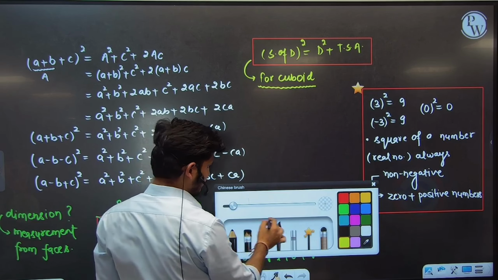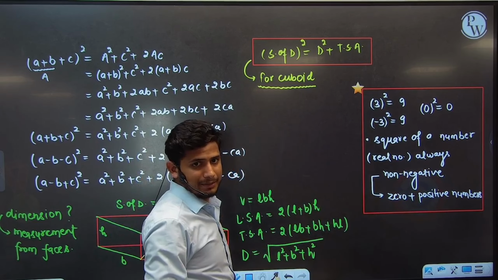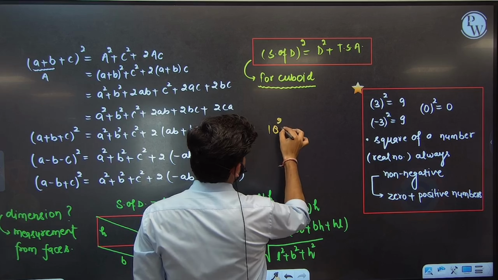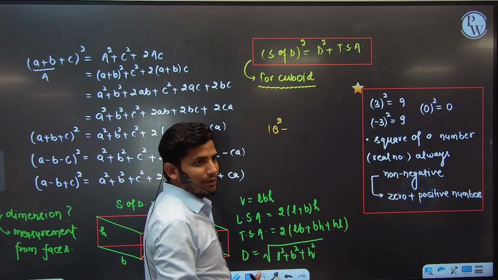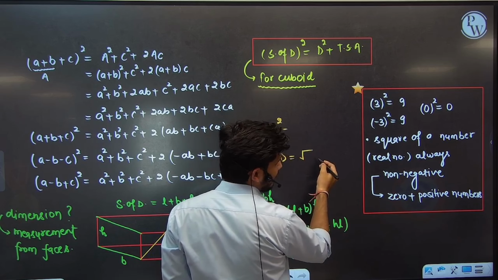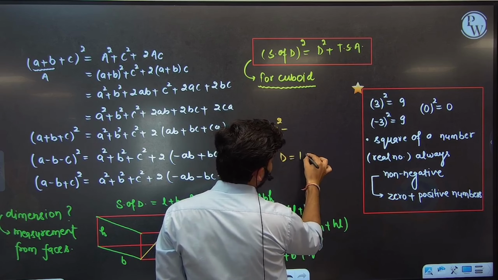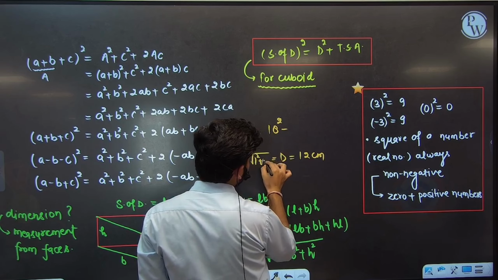So sum of dimensions is equal to 18, so 18 square. And the diagonal is 13, the square root of L square plus B square plus H square.